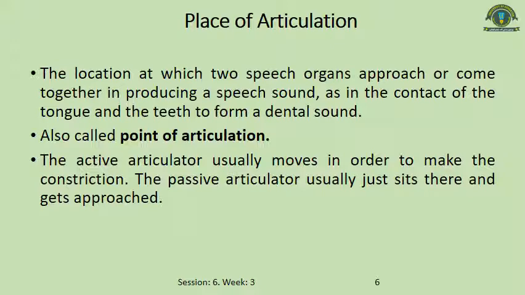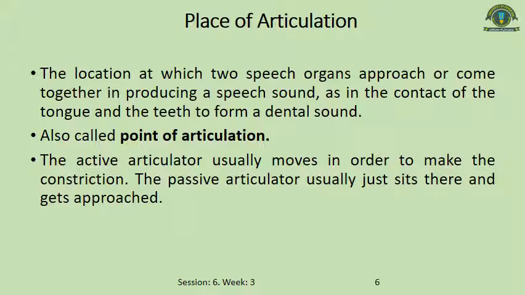In fact, this statement tells us something about the location. The place of articulation is primarily, what is it called? Location. And for example's sake, it is written over here, as in the contact of the tongue and the teeth to form a dental sound. What is a dental sound?